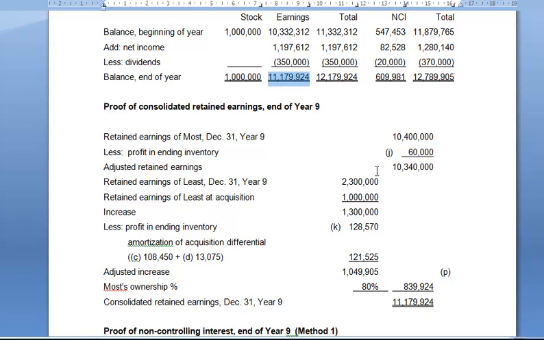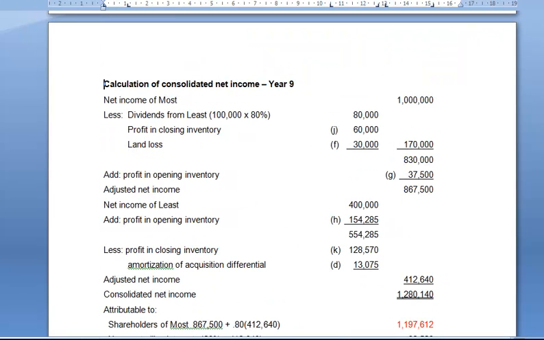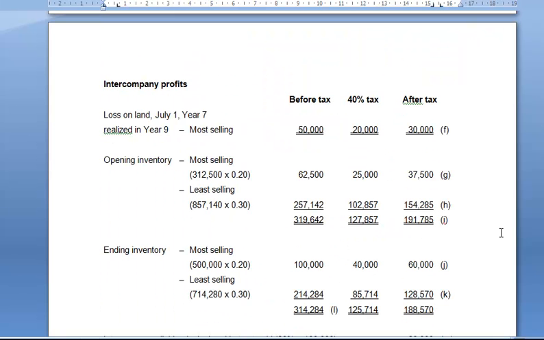The other way you could do it is by starting with the ending balances of retained earnings for the parent, Most, and then for the sub, Least, and adjusting it. Well, first of all, we know that in this ending balance, there is the profit in ending inventory. And again, this is an after-tax amount. If you go back up here, you'll remember where we did that schedule right here.